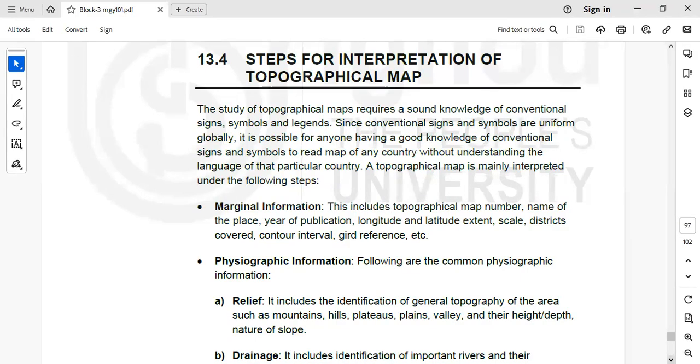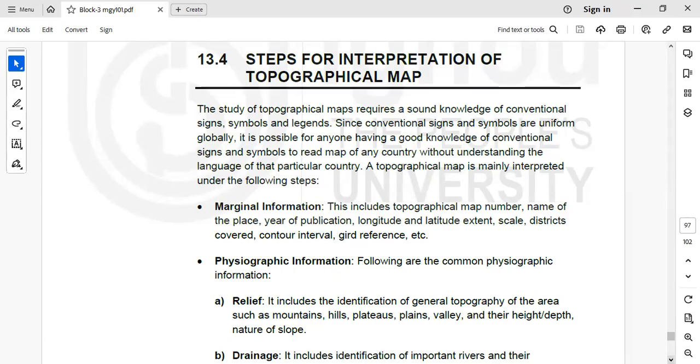If we want to interpret or study the topographical map, we should start first with the marginal information. Marginal information includes the topographical map number, name of the place, year of publication, latitude, longitude, extent, scale, districts covered by the map, contour interval given in the map, and grid references. These are the information we should note down first.